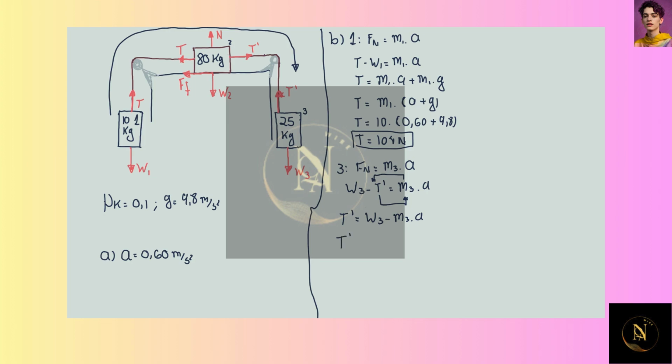Plugging in the values, we have the weight number 3, which is 25 times 9.8, minus 25 times the acceleration of 0.60. This results in a tension of 230 newtons. So this is the tension in the string on the right.